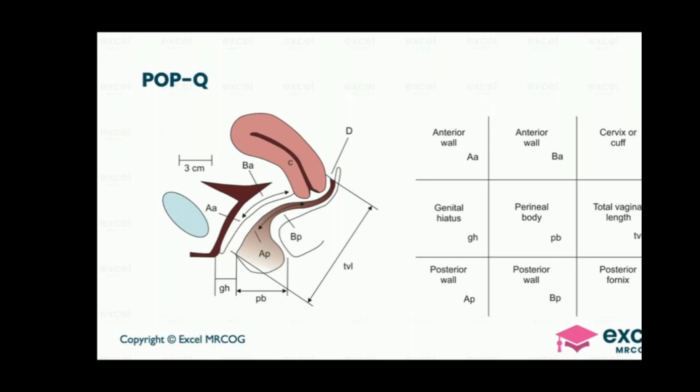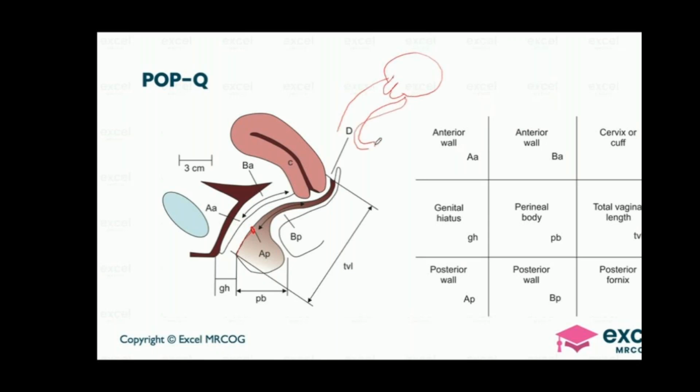Yes. Okay. Similarly, let me show you the posterior wall. On this posterior wall, AP is a fixed point, which is always taken 3 centimeter proximal to the hymen. What you see when there is posterior prolapse is whether that AP point is going down.